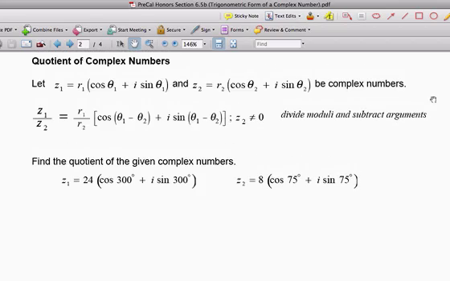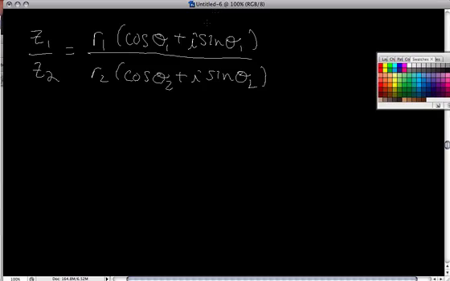And you see here, if I'm dividing two complex numbers, I can just divide the two moduli and subtract the two arguments. So it's very similar to the multiplication formula. So this will end up being R1 divided by R2. You can see that here.